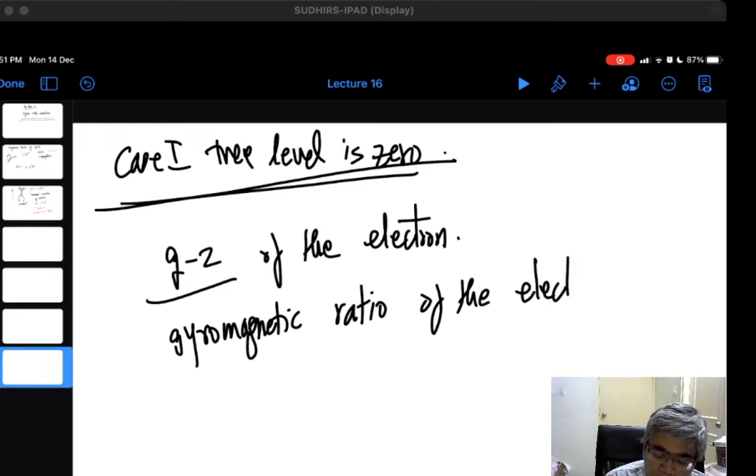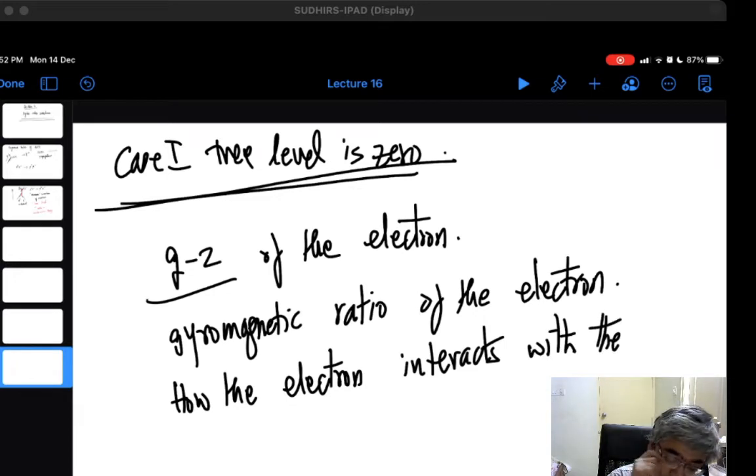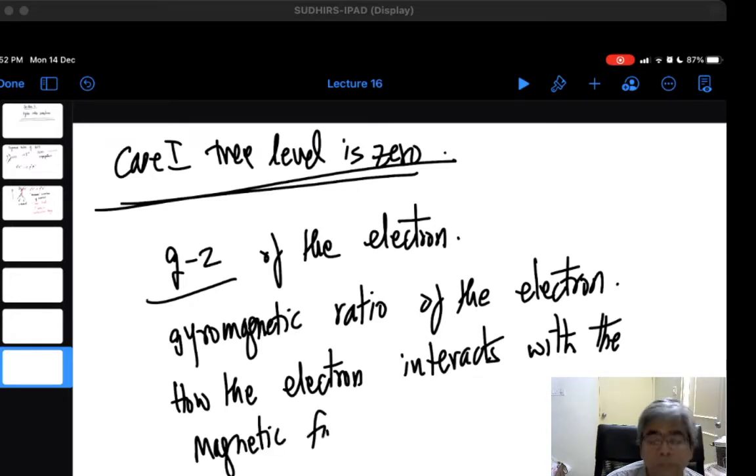It tells you how the electron interacts with, say, a magnetic field. This is given by the gyromagnetic ratio. At the tree level, this is 0.